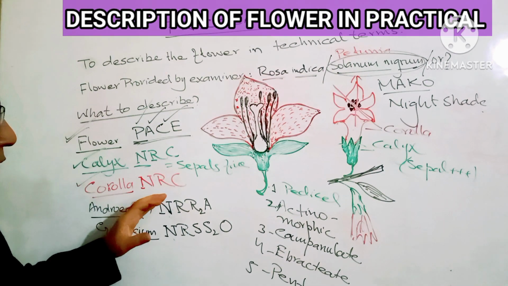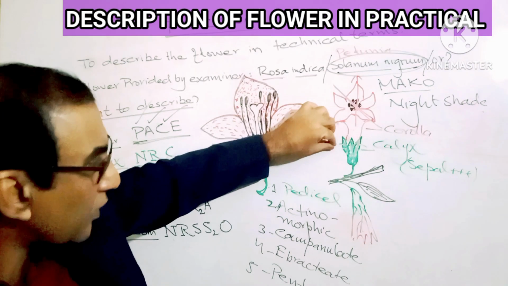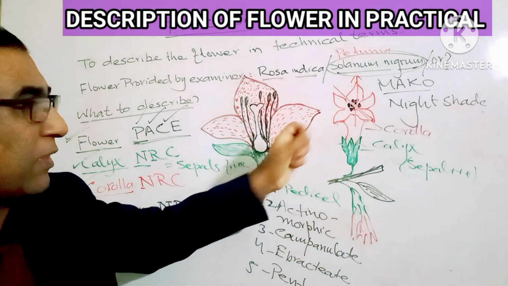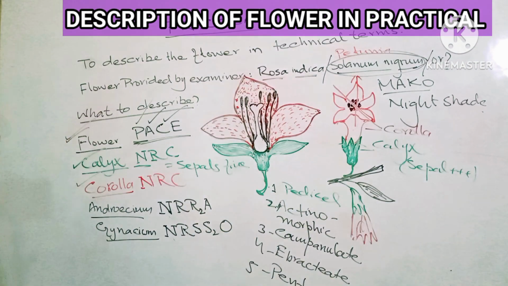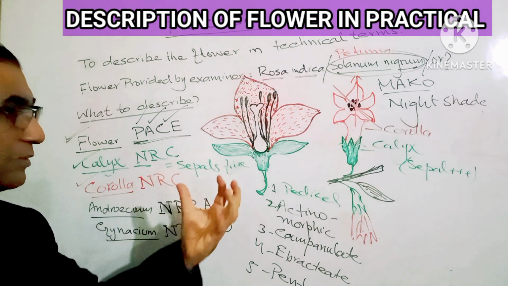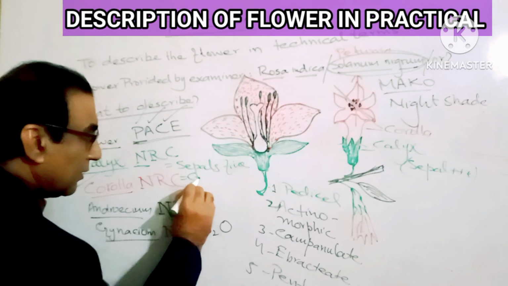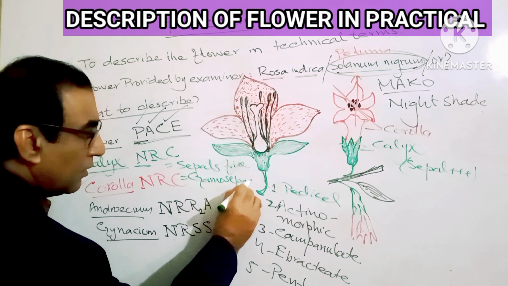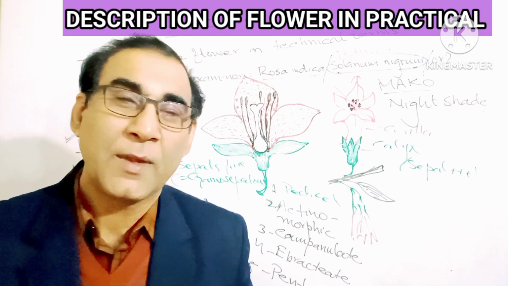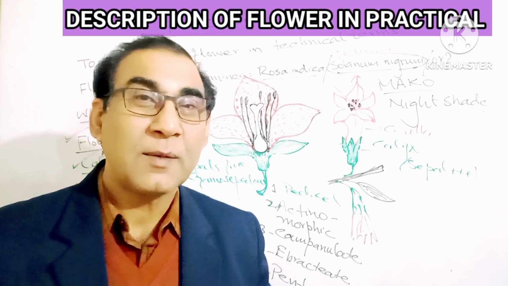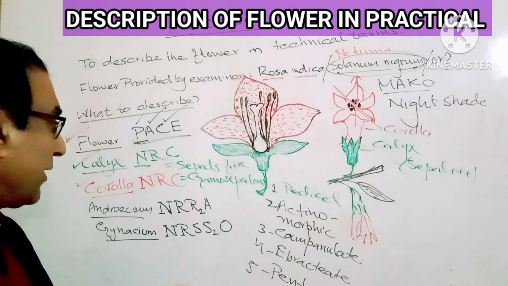If the sepals are united, if you take one sepal the others would come along with it, we say the calyx is gamosepalous. In Punjabi, to hug means jappi dal. G for jappi, you can remember it. Gamosepalous.